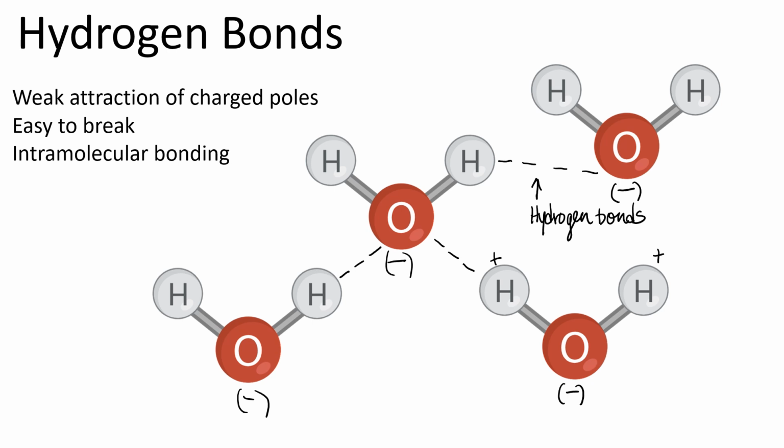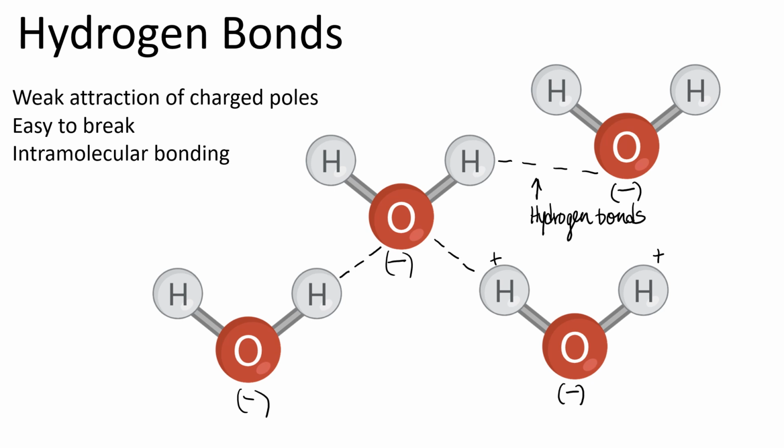When you hear hydrogen bond, you should think of a really weak bond that can break and reform very easily. So no hand holding like a covalent bond. No, let me stand next to you like an ionic bond. A hydrogen bond is more like, I just want to look at you occasionally from across the room.